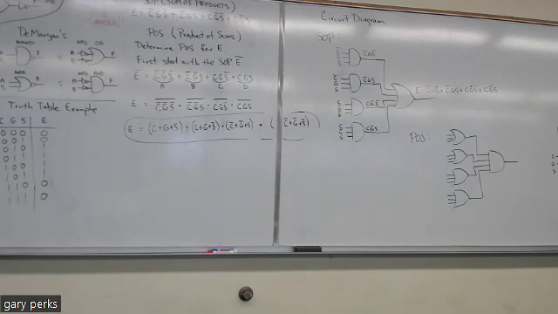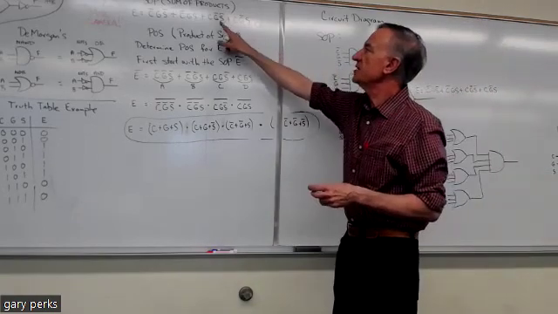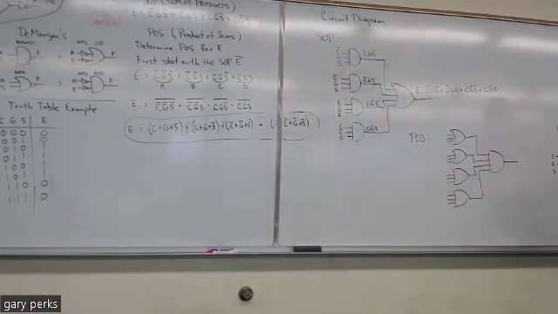To write an SOP in System Verilog, you would start with assign, and then you would put the output name, say E in this case, and then the equal sign. Then if we were to write this SOP right here, in Verilog you can't do a bar for a not.